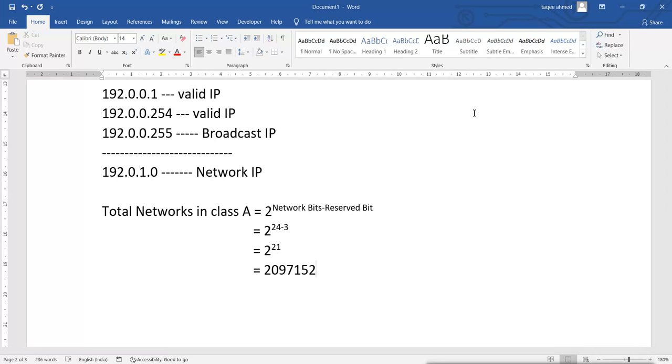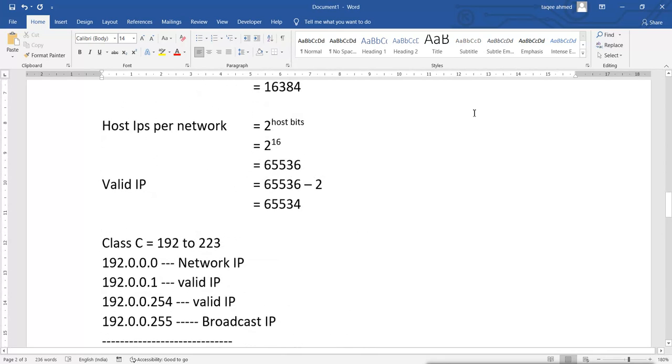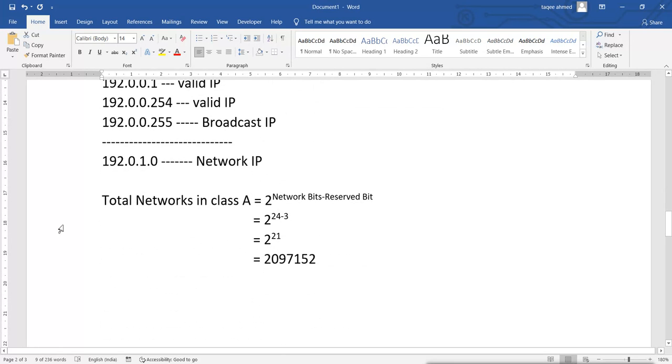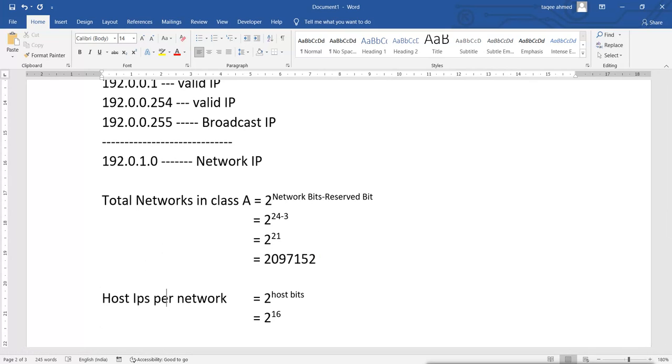Now how many hosts will you get in a single network? You will count the host bits.